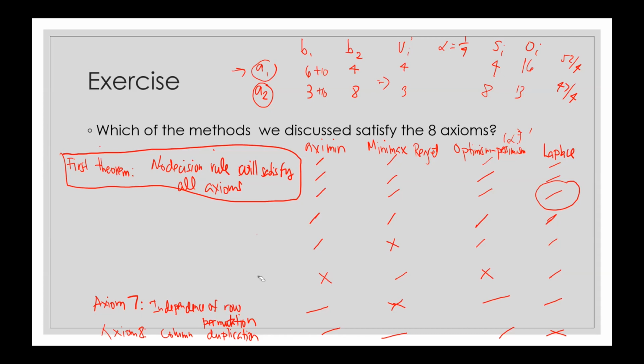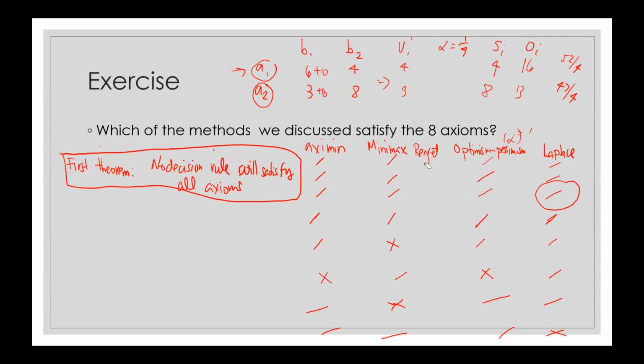Possible ba sa decision natin that the presence of irrelevant alternative may influence? Then, if that is a consideration, then you should use the minimax because it will not satisfy the irrelevant alternatives. Okay? O importante ba sa atin yung row permutation? If we are really making decisions under ignorance, then it should be important. So yan yung ating mga questions.